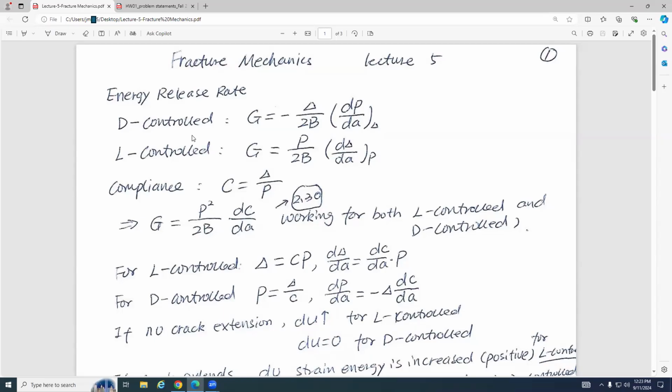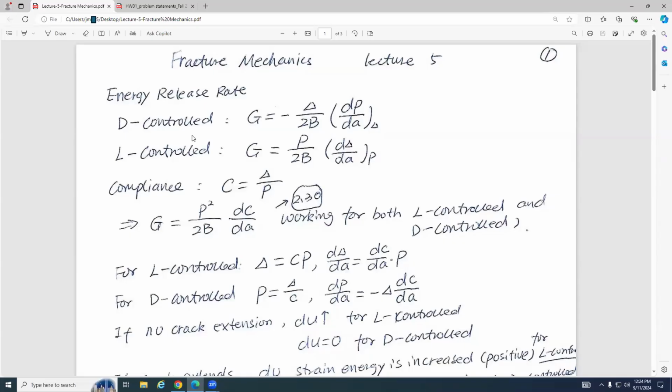You guys know what the ASTM protocols are? Whenever you do tensile testing, compressive testing for different materials, and also D control, load control, and any other testing, you must follow the standardized protocol. We call it ASTM, American Society for Testing and Materials.